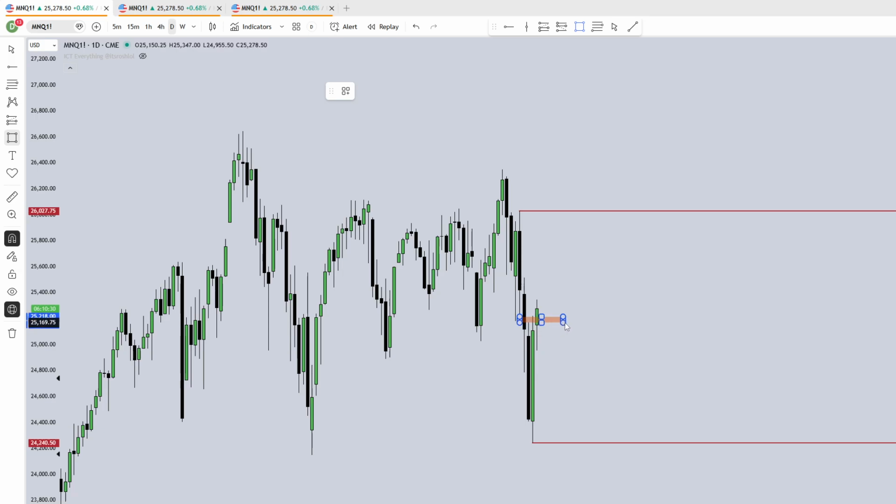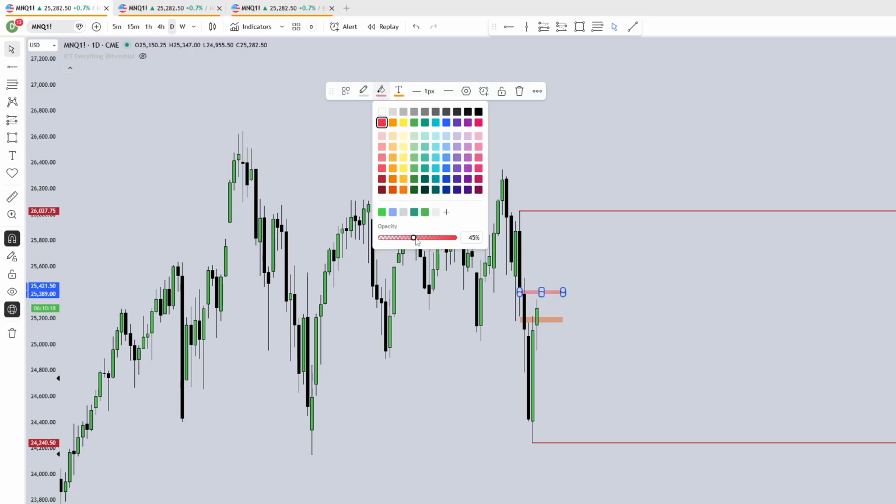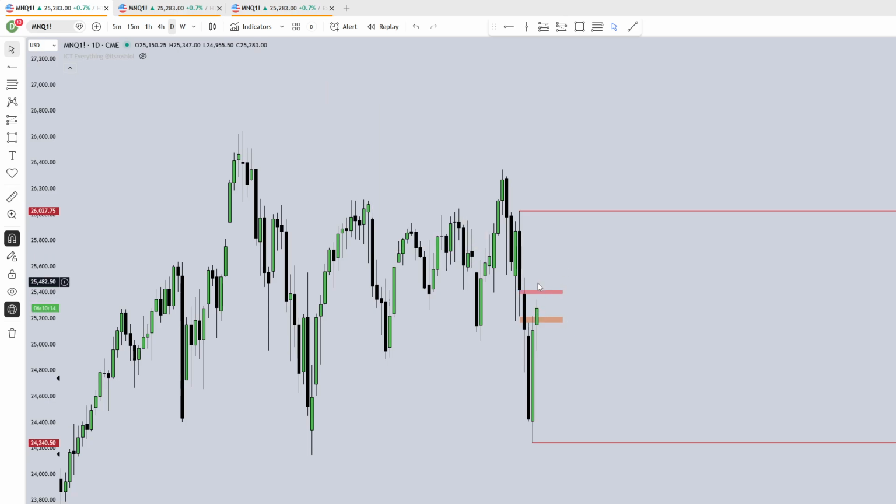On Friday we printed into that daily internal, and we also have this volume imbalance here on the daily chart, which is useful for today's trading. So this is the range we're working within this week. Depending on how we close today, I can shift my bias using previous day high, previous day low, but this is the range I'm working with for this week.